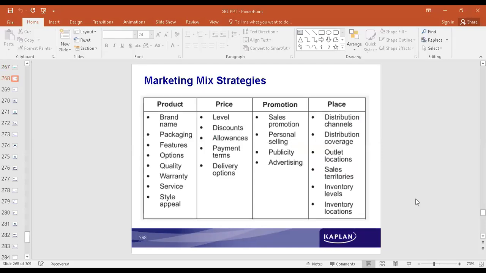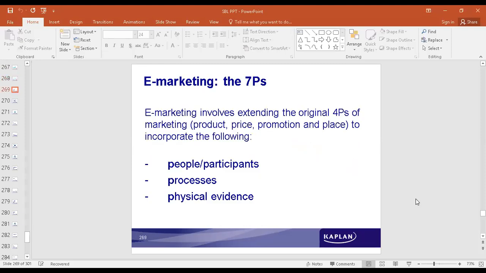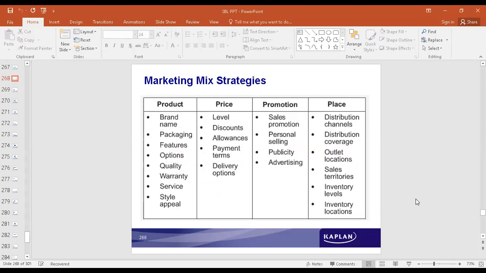The first thing is the marketing mix. There are 4 P's of marketing: product, price, promotion, and place.